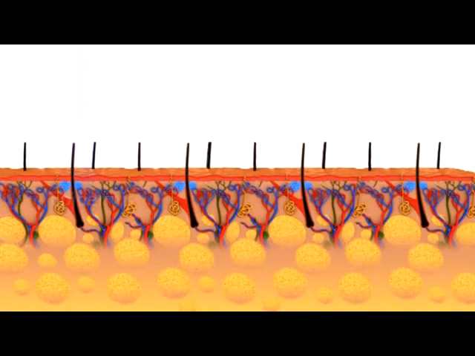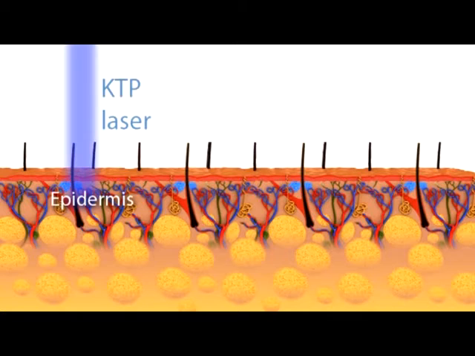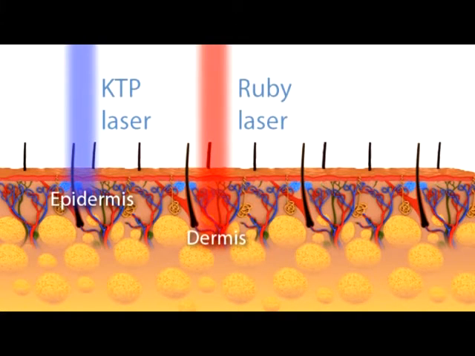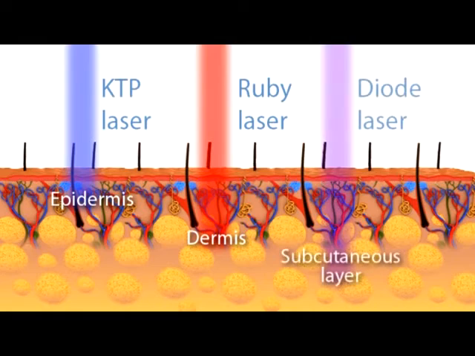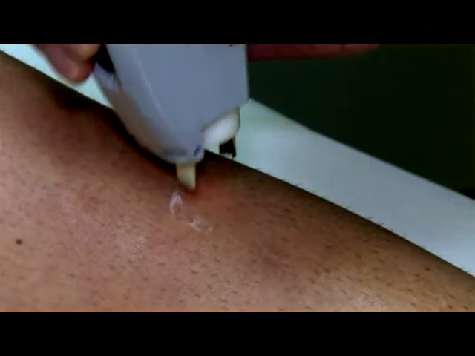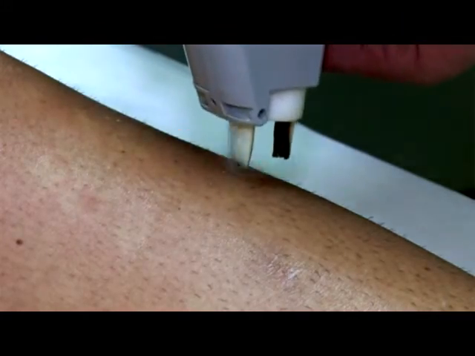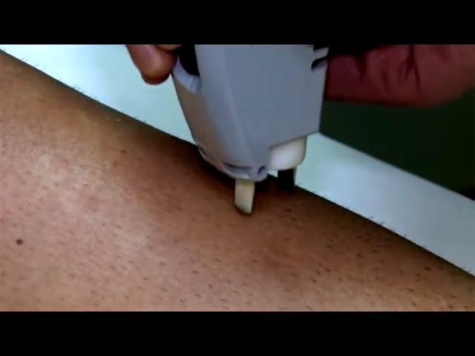Absorption spectrum of chromophores in the skin. Each laser wavelength has an optimal absorption peak or depth of penetration. By isolating specific wavelengths, lasers offer very selective treatments for aesthetic purposes. For laser hair removal, the melanin within the hair follicle is targeted.